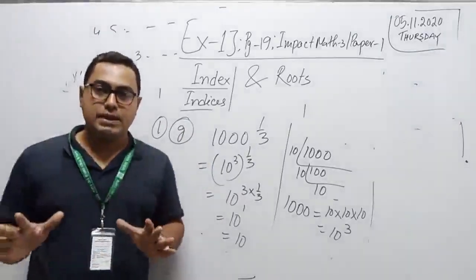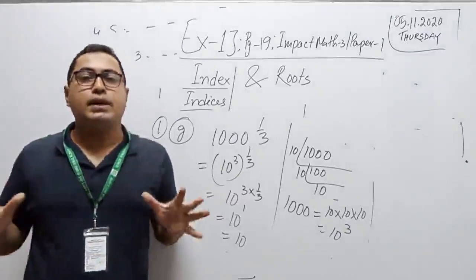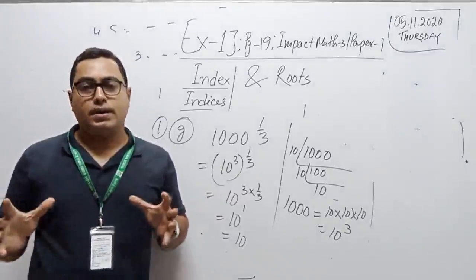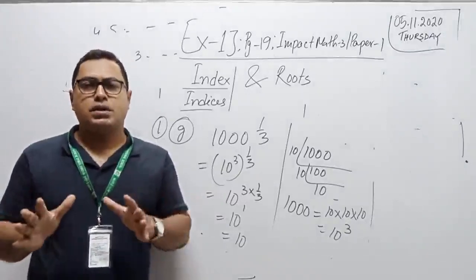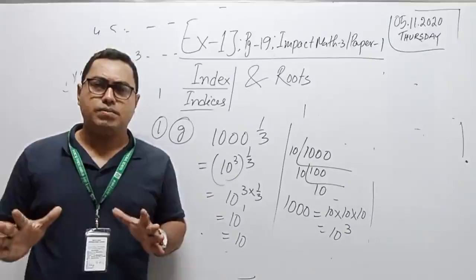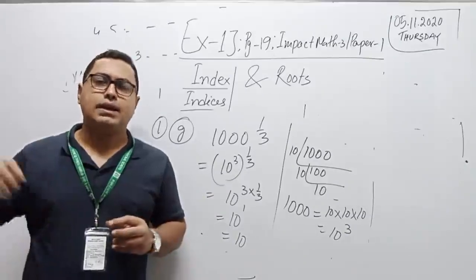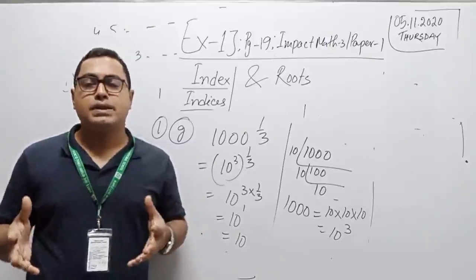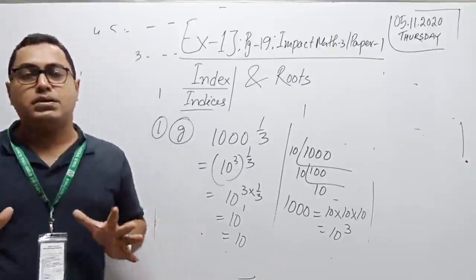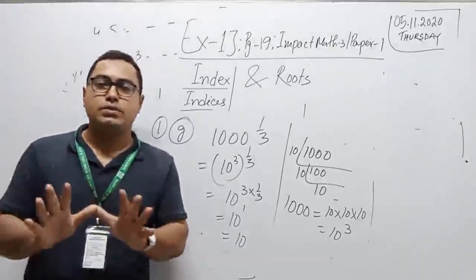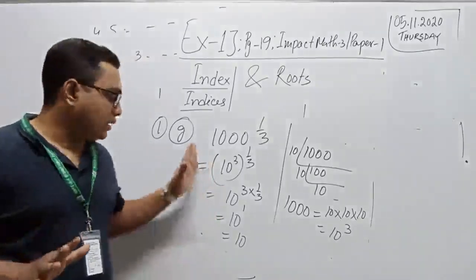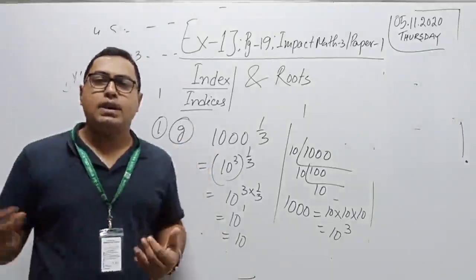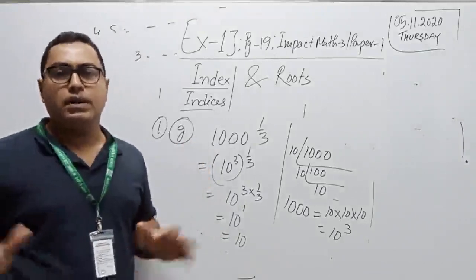If you are not interested in mathematics because you don't want to think in that way, if you don't want to look deeply, and you just want to pass in mathematics because you want to study other subjects, you don't have an interest. I'm trying to make some interest, but sometimes you are just built in this way. You don't want to solve mathematics like this one. So for that case, you can use calculator, because in class 7 you are allowed to use a scientific calculator. I think you are clear now.